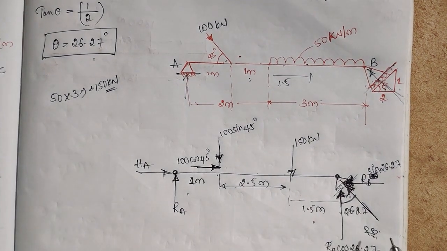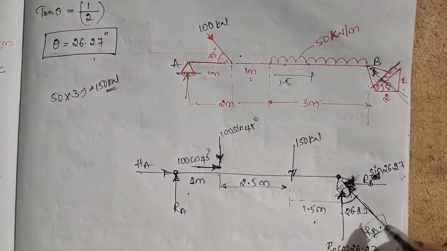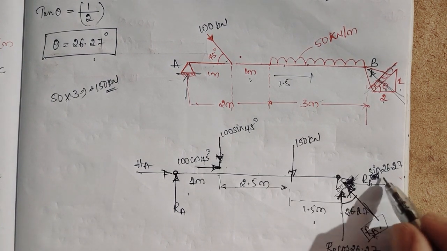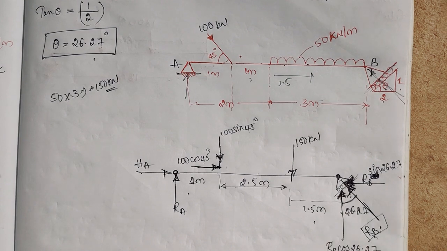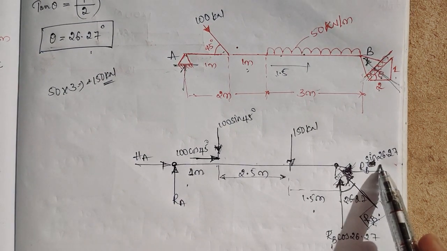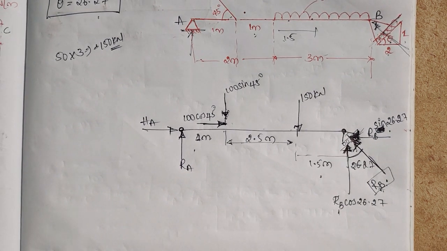So what I did, I wrote the RB in inclined portion. Because it is inclined, it is having horizontal component and also vertical component. This horizontal and vertical component will be RB cos 26.27. This will be RB sine 26.27. Now this is the simplified diagram.